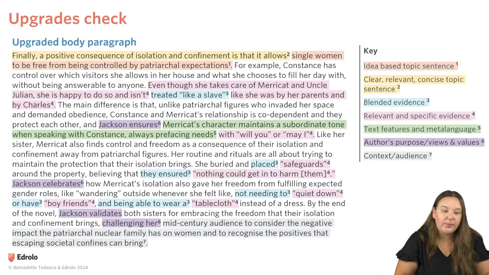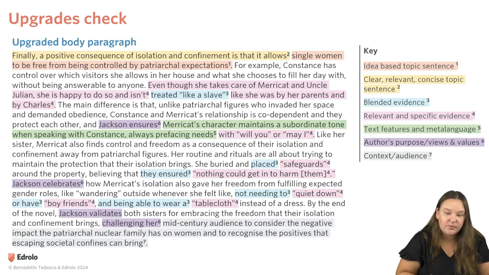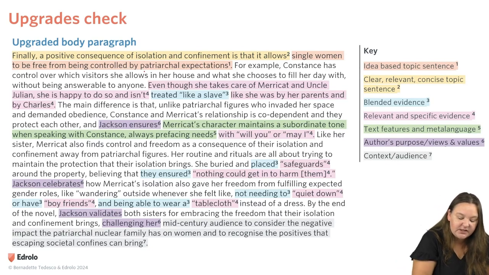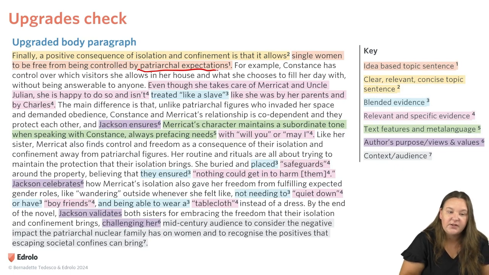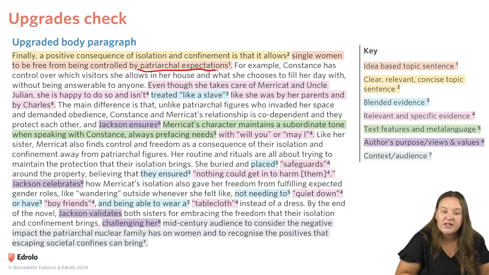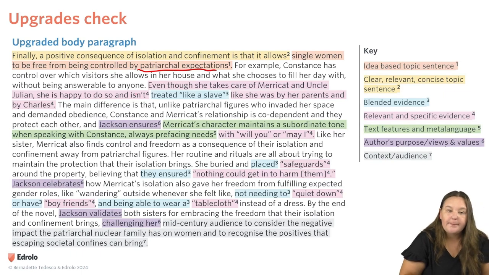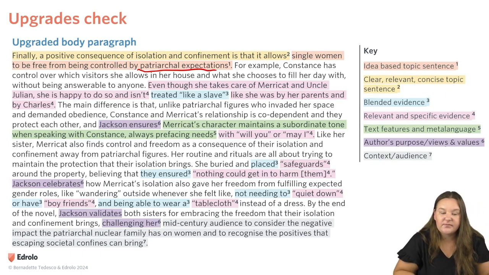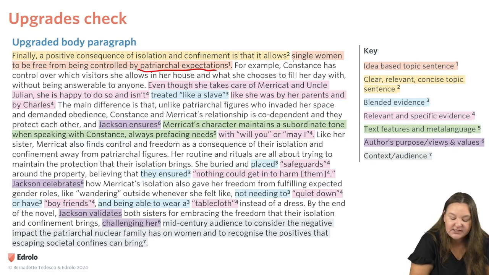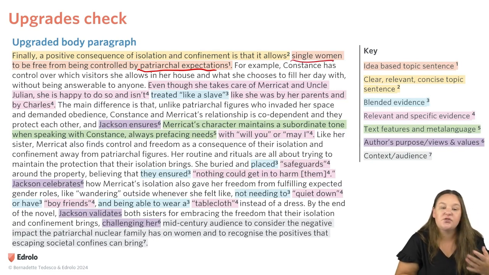You'll notice that the topic sentence has been changed to be more idea-based. So instead of saying Charles and their father, what I've done is I've used what Charles and the father represent in society. So in this case, they represent patriarchal figures, and patriarchal expectations. I've also removed the sisters and I've substituted them with what they represent in society.